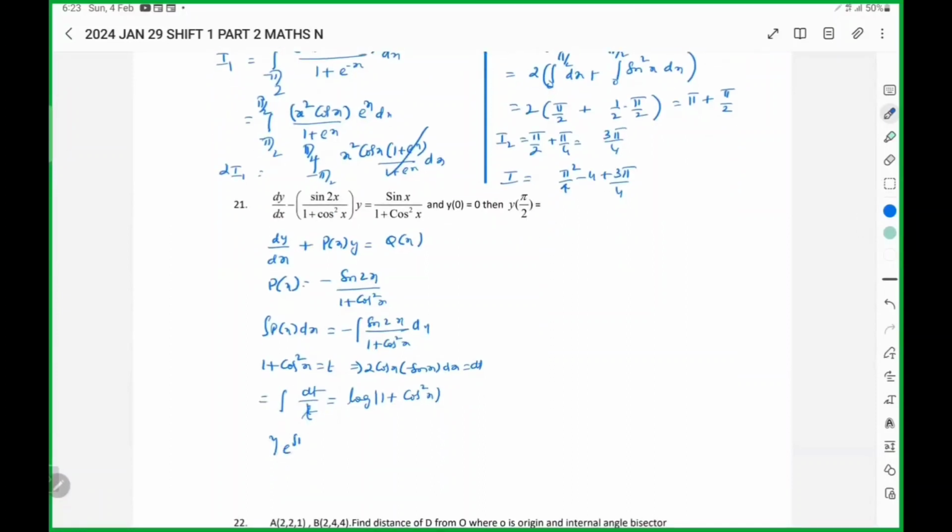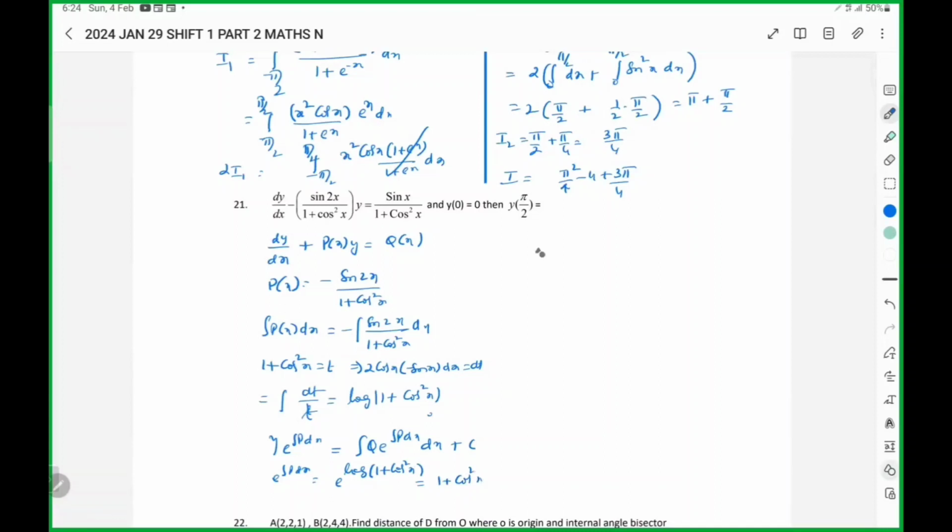For a linear differential equation, the solution is e power integral p dx, e power log of 1 plus cos square x.